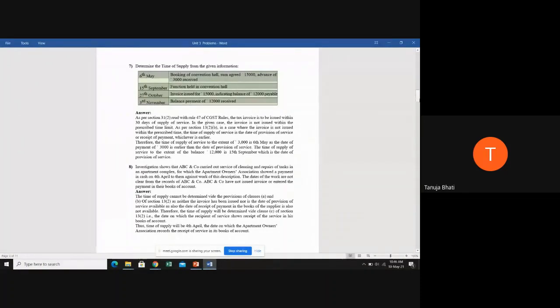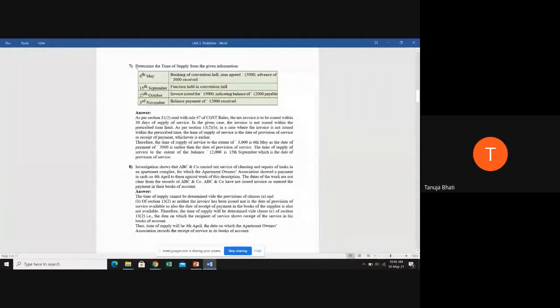The time of supply will be the date on which such addition in value is actually received by the supplier. We've just seen that problem. Is it clear? Yes, ma'am.